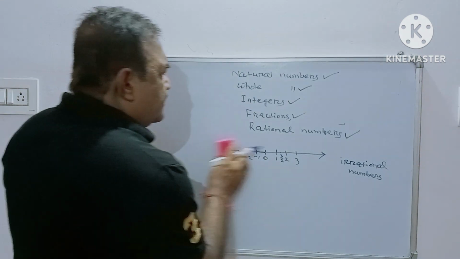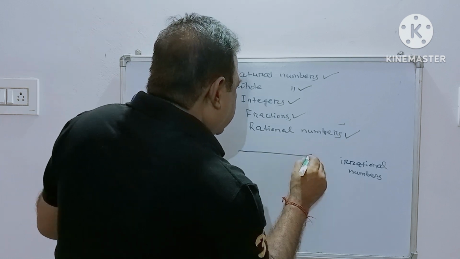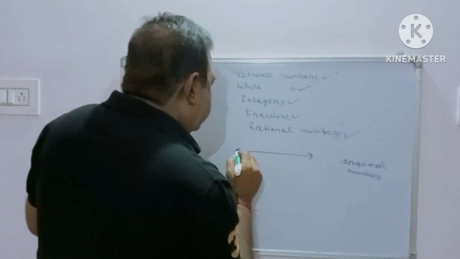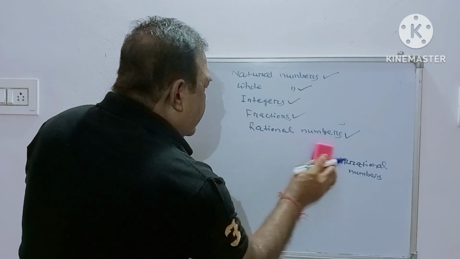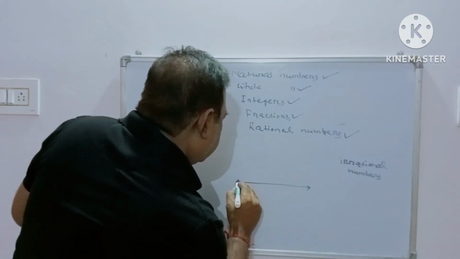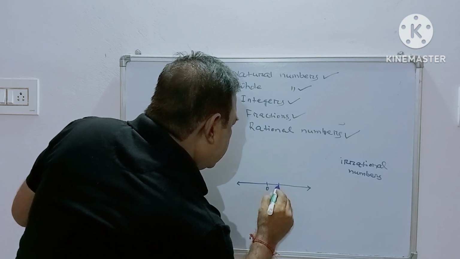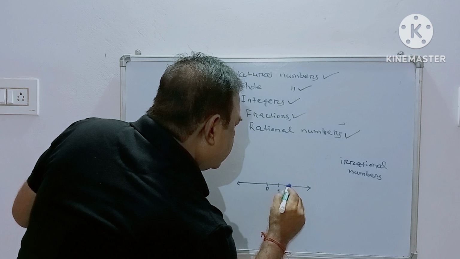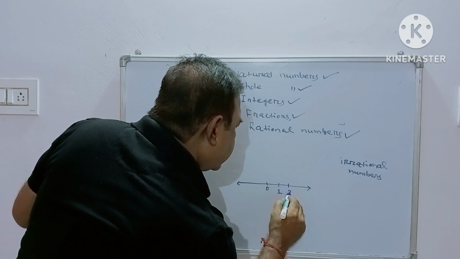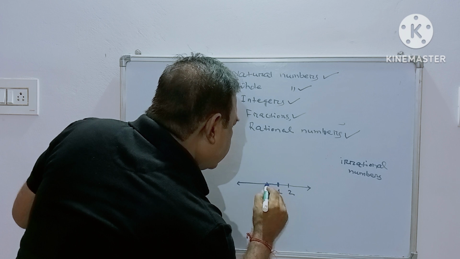I take it here. So this is 1 and this is 2, the fixed unit distance. From this to this, from this to this, the length is the same. And we can also show an irrational number here.